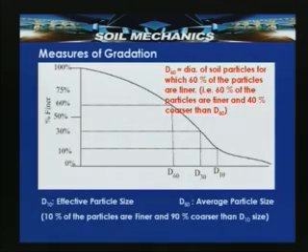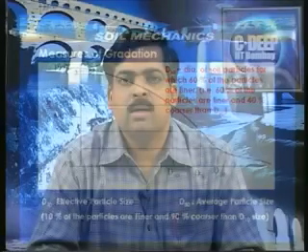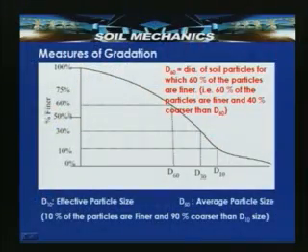The measures of gradation, as we discussed in the previous class: the percentage finer is plotted on the y axis and particle size is plotted on the x axis on the logarithmic scale. Basically, different sizes are used for analyzing the grain size distribution curve.